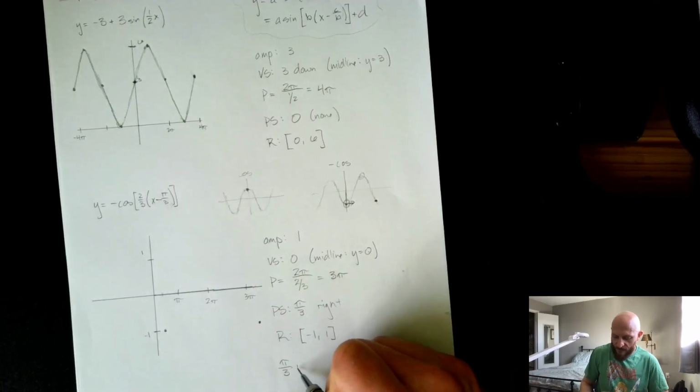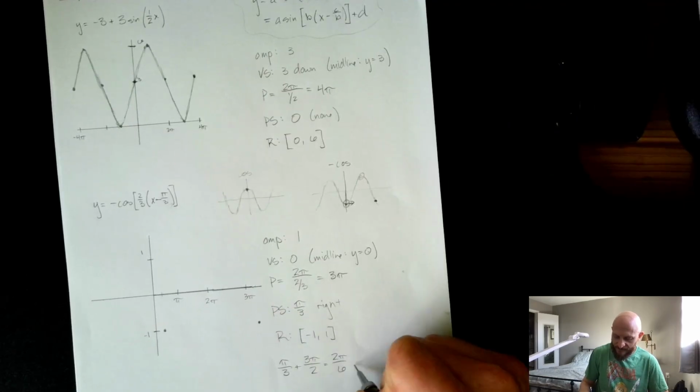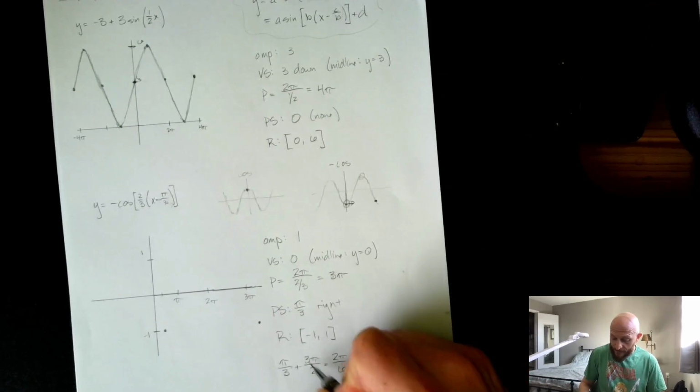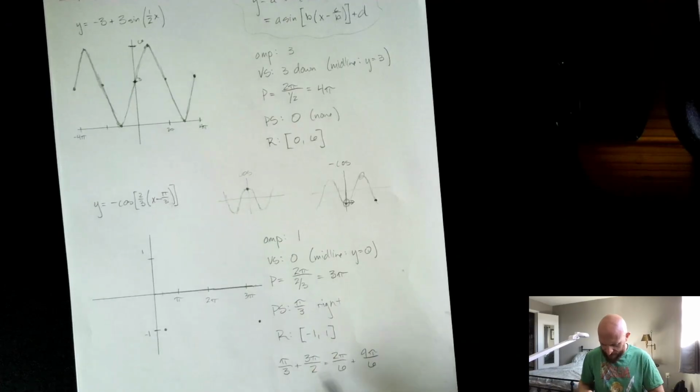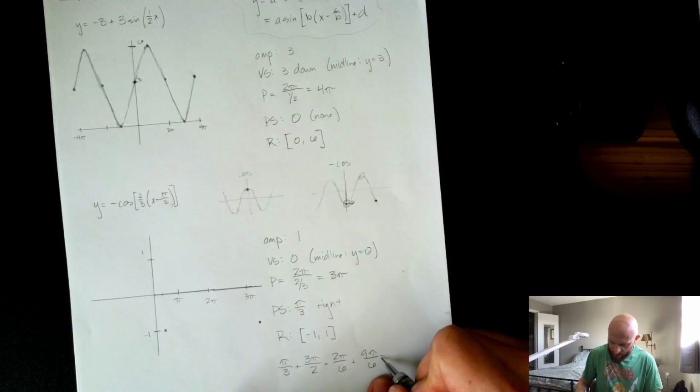So I just need to add on pi over 3 plus 3 pi over 2, which is 2 pi over 6 plus 9 pi over 6. Is that right? I multiplied this by 3 and that by 2. Yep, okay.